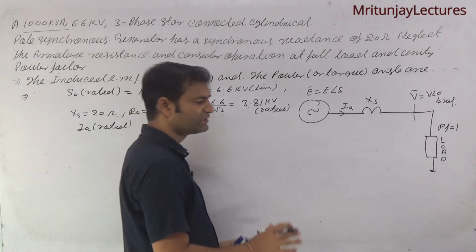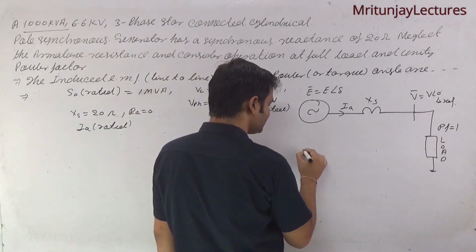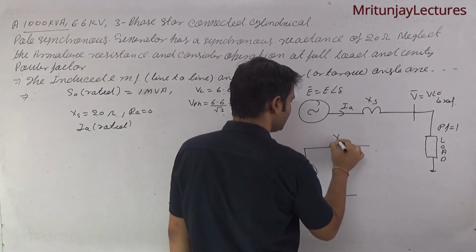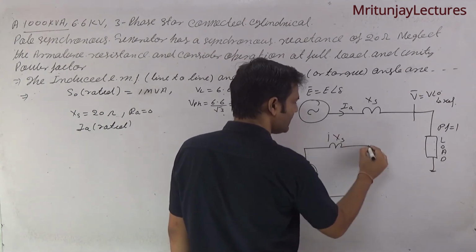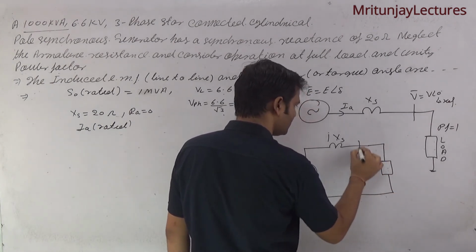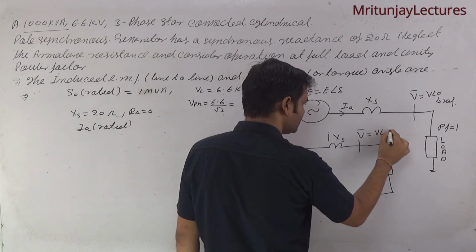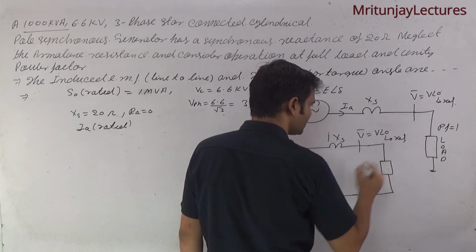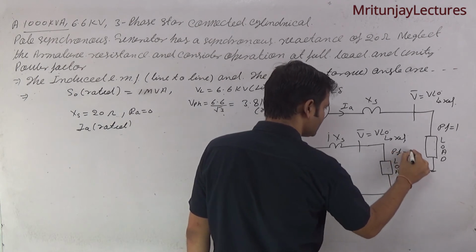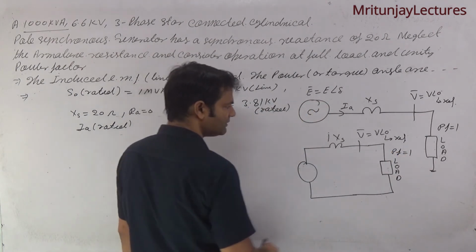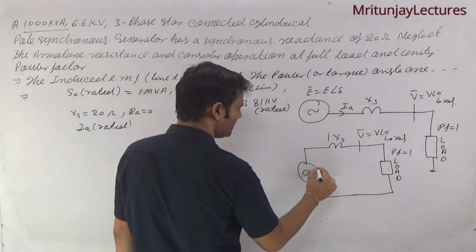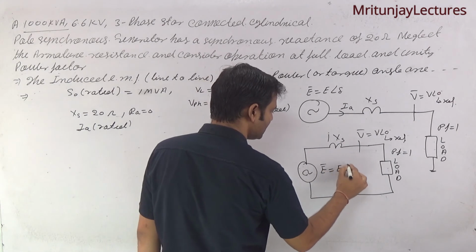If you want to represent it in a circuit, it is represented like this, with jX and a load. Terminal voltage V equals V at the angle 0, the reference voltage, and the load power factor is 1, unity power factor, PF equals 1. E equals E at the angle delta.